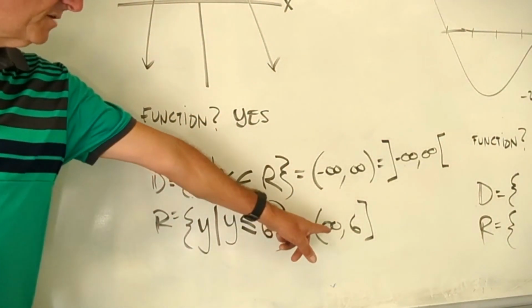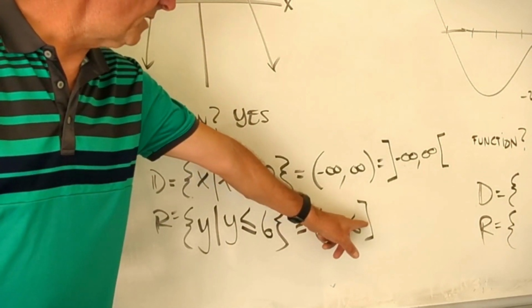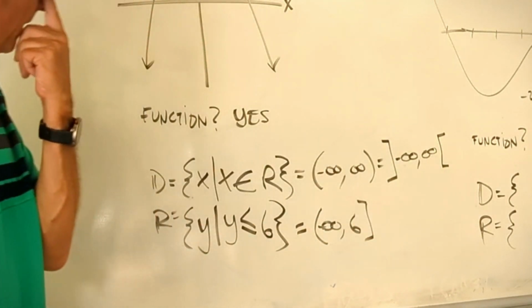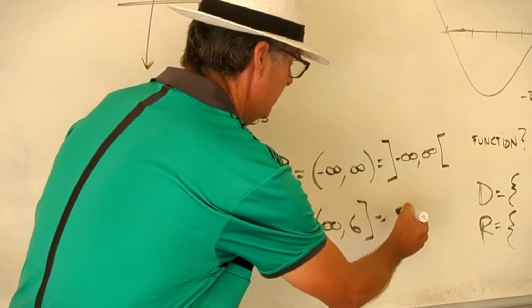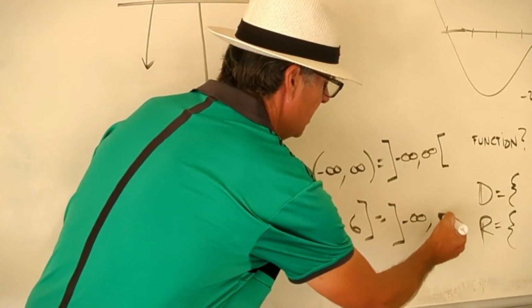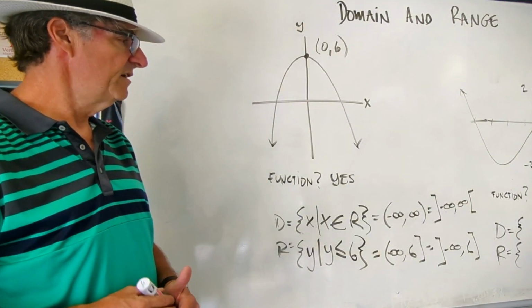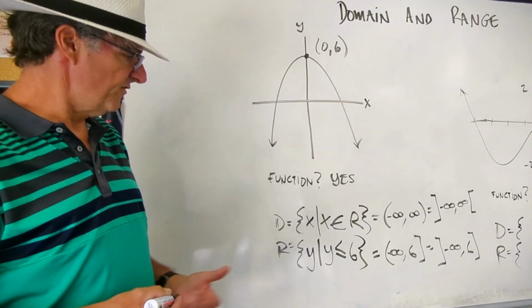Okay, so that says it's never going to be negative infinity, but it includes 6. Notice how my brackets are going the opposite way. You can also do it like this, negative infinity, comma 6, like that.